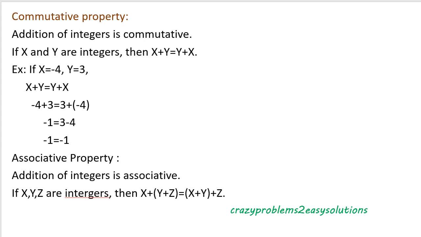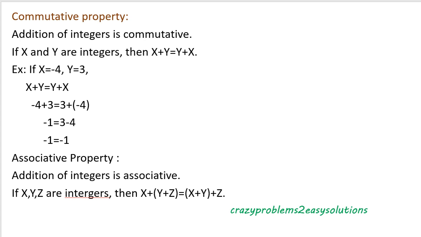Commutative property. Addition of integers is commutative. Take any two numbers. If you add them, x plus y and y plus x, you get the same number. For example, if I take x equal to minus 4 and y equal to 3, then minus 4 plus 3 means the signs are different, so we should subtract.